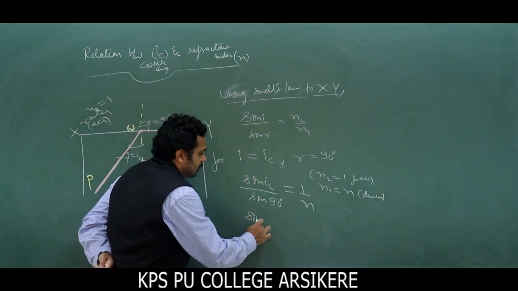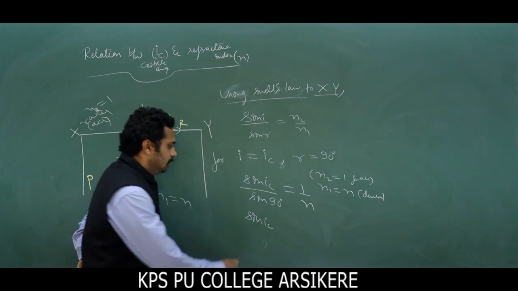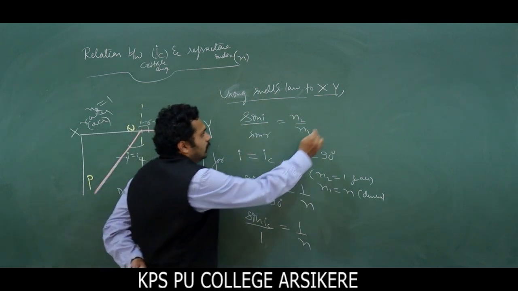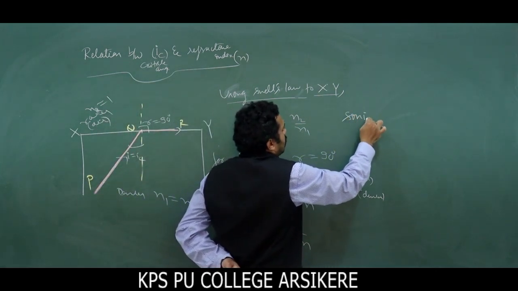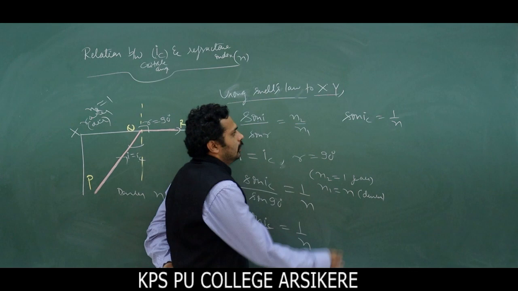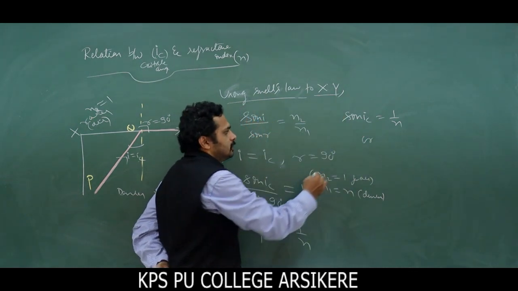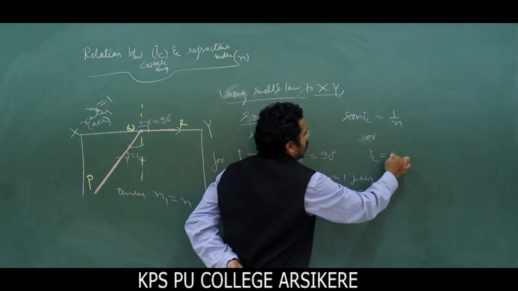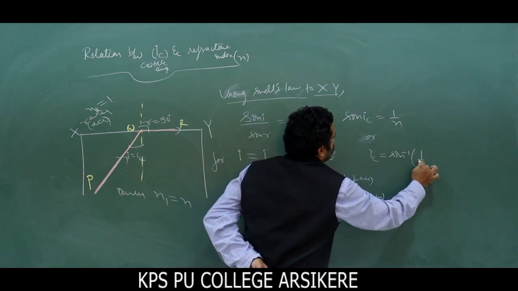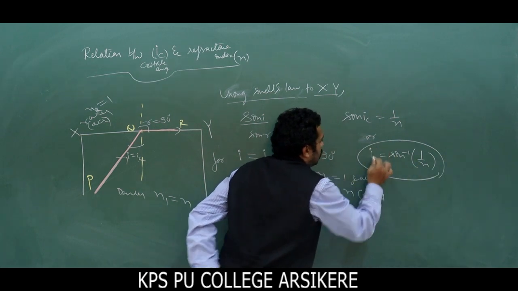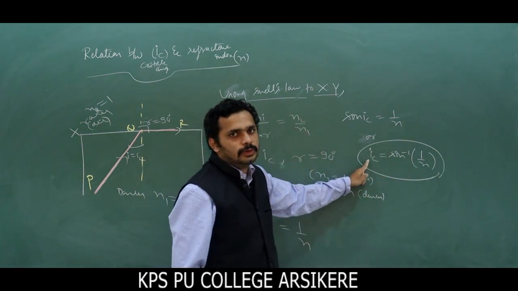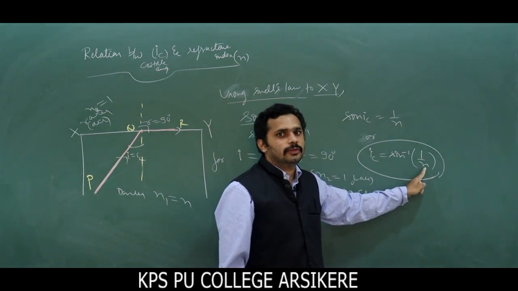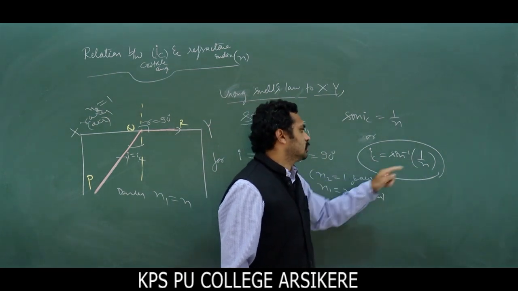So sin IC by 1 is equal to 1 by N. This way, the important relation is sin IC is equal to 1 by N, or by interchanging, IC is equal to sin inverse of 1 by N. This is the very important relation between the critical angle and the refractive index of the denser medium or given medium.